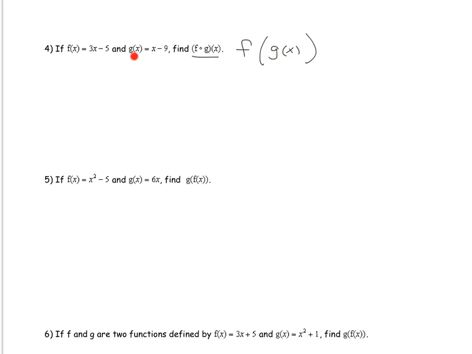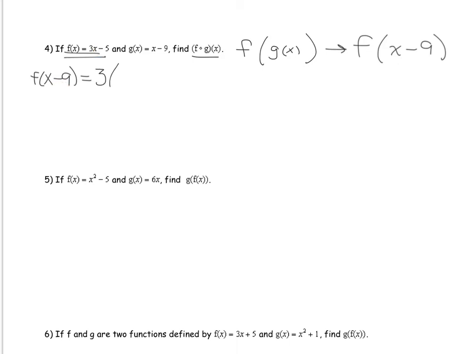So if you look over here, it says g of x equals x minus 9. So instead of g of x, I'm going to put what it is equal to. So really the question is asking me to find f of x minus 9. So I have my f of x function, and I want to find f of x minus 9. So that just means everywhere I see an x, I'm going to replace it with x minus 9.